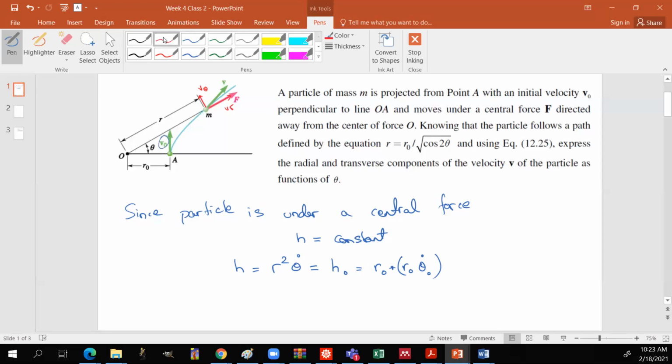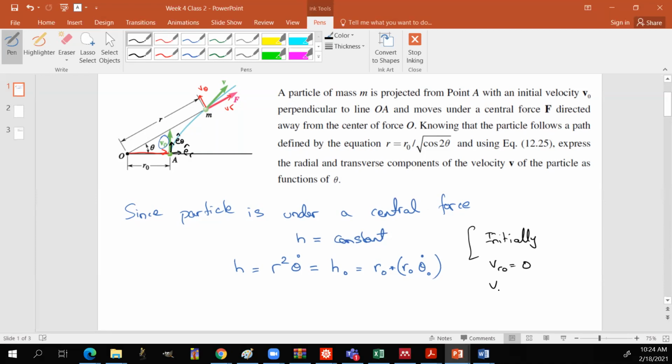Remember, looking at polar coordinates, this is your position vector. If you look at your unit vectors, that'll be ER and that'll be E theta. Initially, what is the velocity in the R direction, in this ER direction? Is it 0? 0, right?